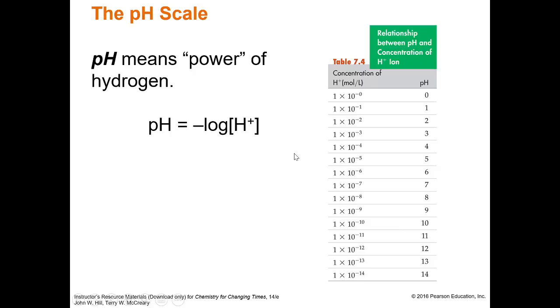This is a logarithmic scale, so when you see a single unit of pH change, going from 0 to 1 or 1 to 2, that would be 10 times the concentration of H+. So when we went from pH 1 to pH 2, the concentration of H+ went down 10 times. So pH 4 to pH 1 would be 1,000 times the concentration of H+.